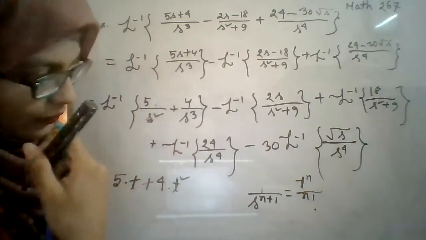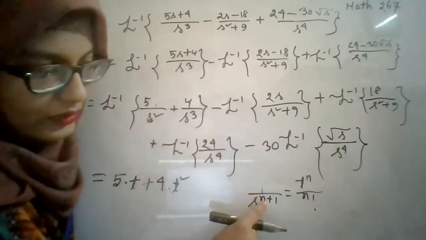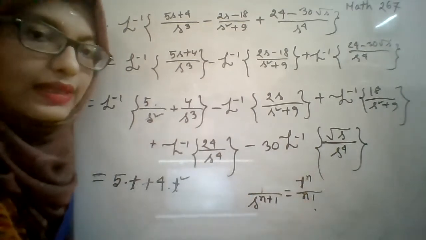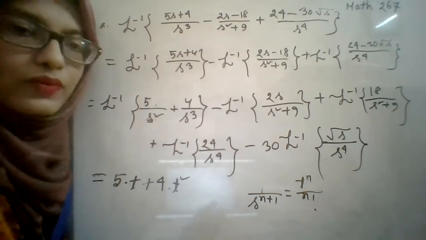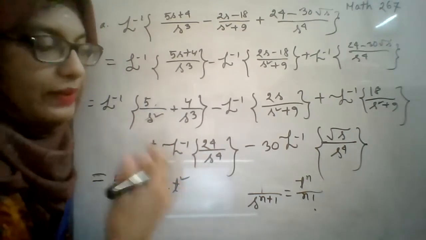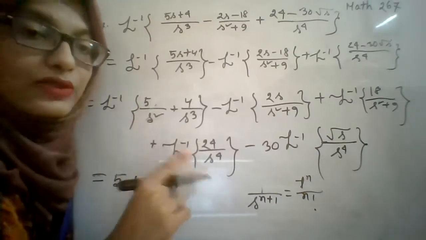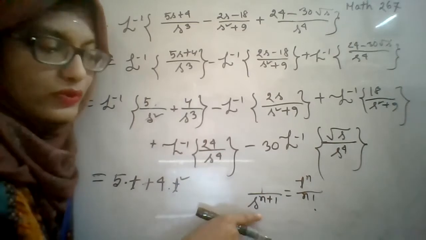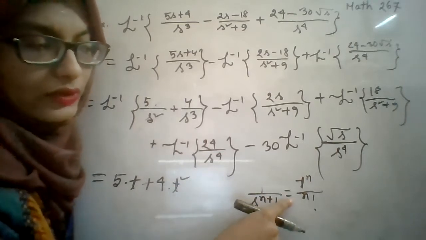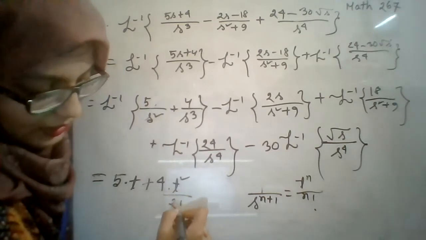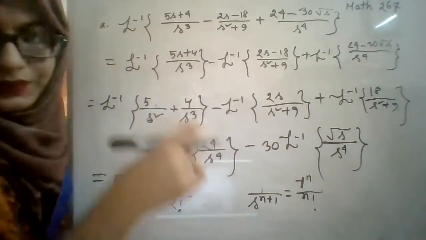And when it is s square, then it will be 1 plus 1 and it will be t to the power 1 by 1 factorial, and 1 factorial means 1. So for 1 by s square, we can write down simply t. But for s cube, it is s to the power 2 plus 1. That means here the value of n is equal to 2. It will be t square by 2 factorial. Okay. So it will be t square by 2 factorial.